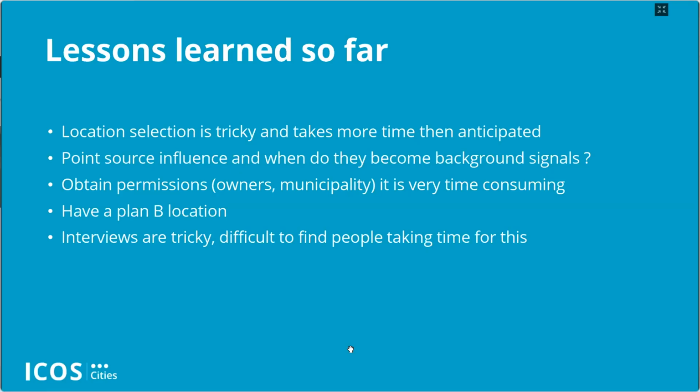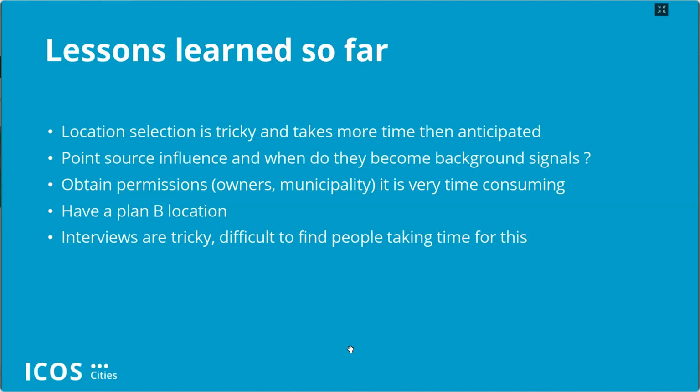So the lessons learned so far for us is location is very tricky in cities to achieve permissions. It is very time consuming, and you really need to have a plan B for this. Point sources have shown up as a difficult question, not just to pinpoint them, but what you do with it.